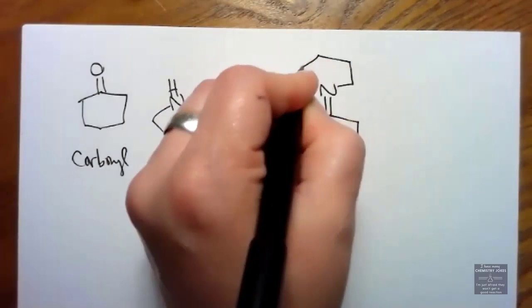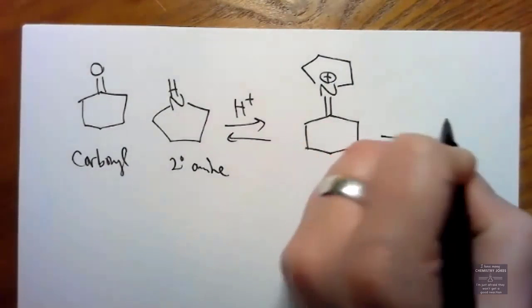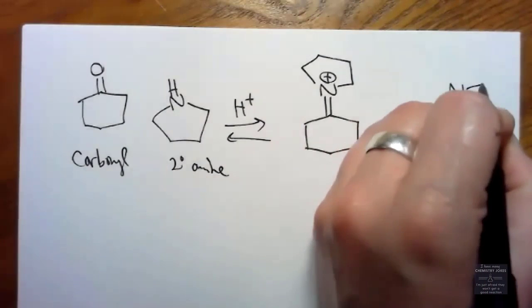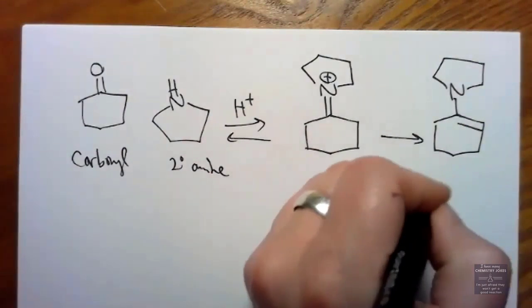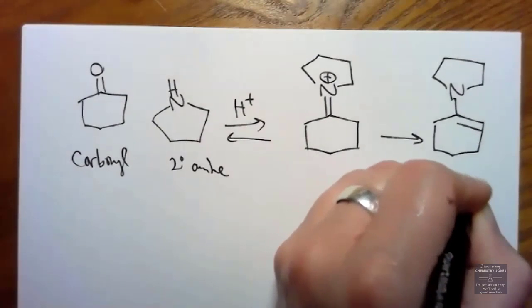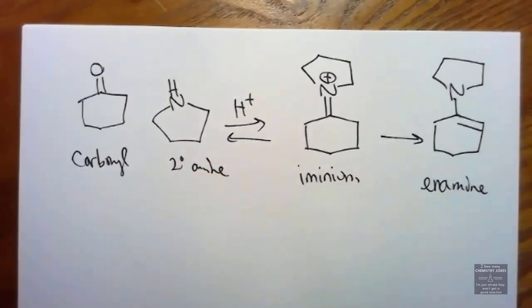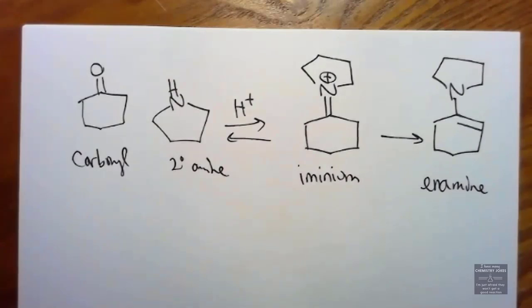It goes through this iminium intermediate, but that's not good enough. That's not the final product. You go through to dehydrate, to eliminate, to make this enamine product. This was an iminium, not the final product. Go through an elimination to make an enamine.